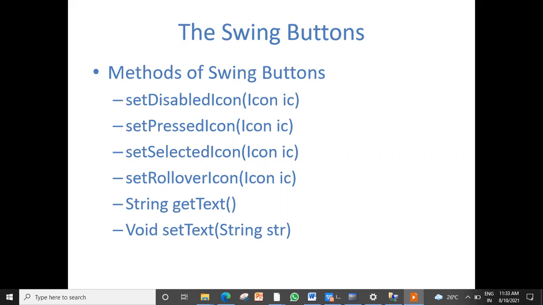These buttons normally appear with a string on them, some name, some message. But most of the times, you will also see images on them. Like for example, this PowerPoint application itself, on top you have new and all that. On that you will see pictures, cut, copy, paste also.